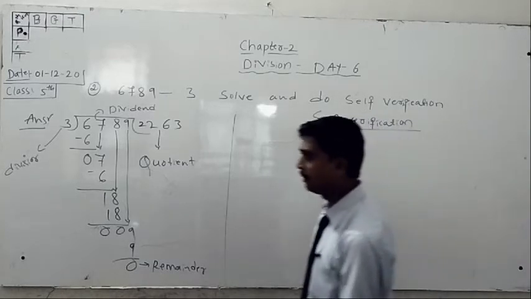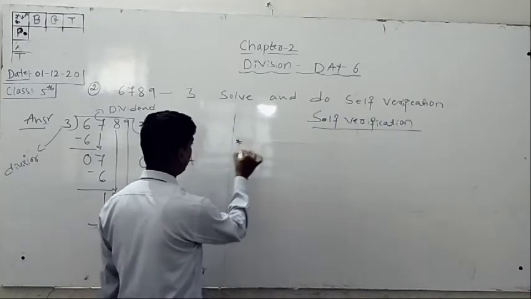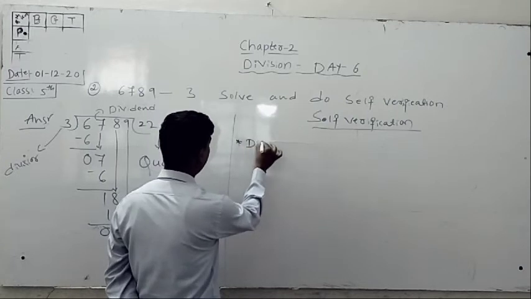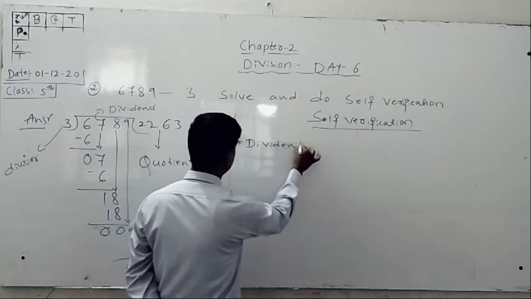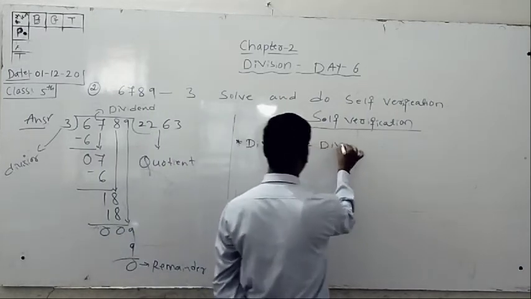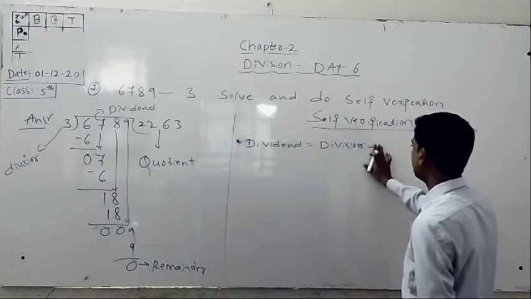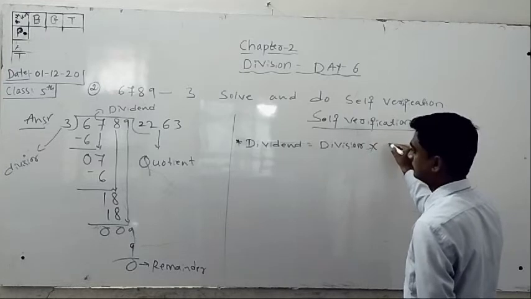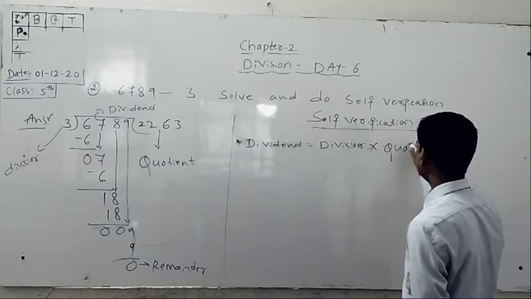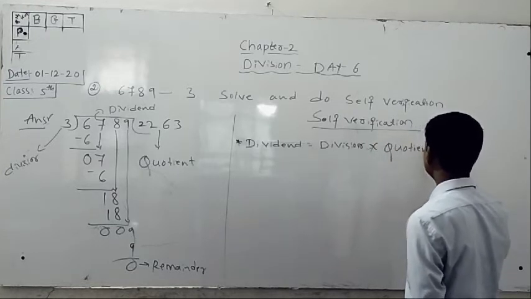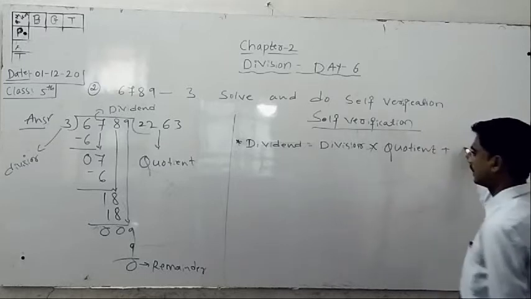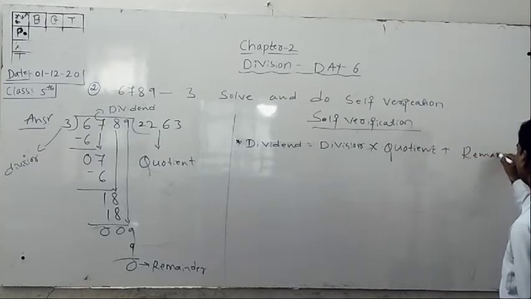What is the self verification formula? You should write here: dividend is equal to divisor multiplication quotient, then plus remainder.